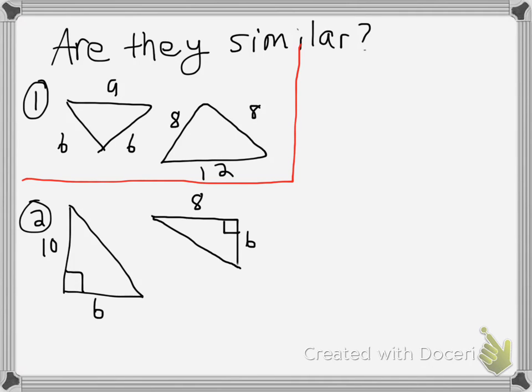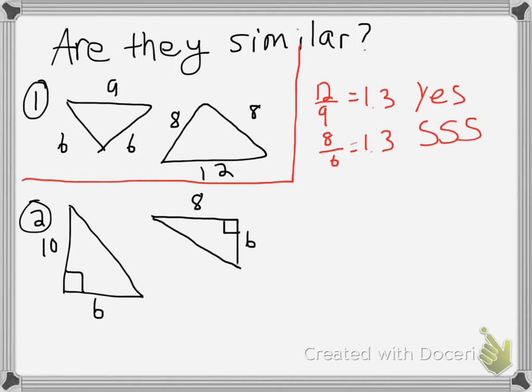So I'm going to do 12 divided by 9. I know that's a corresponding side. So 12 divided by 9 is 1.3, and then I'm going to do 8 divided by 6, which is 1.3. That means that, yes, they do have a scale factor, so they are similar by side, side, side.